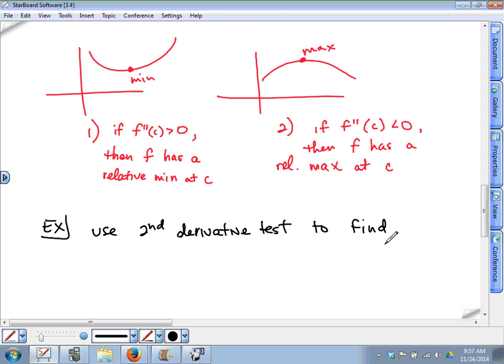Use the second derivative test to find what? What are we even finding? If I tell you we're going to use the second derivative test, does that mean we're finding concavity or extrema? Extrema. Okay. And we're finding extrema using the second derivative, and also using concavity in a way, but we're only using concavity to find extrema.